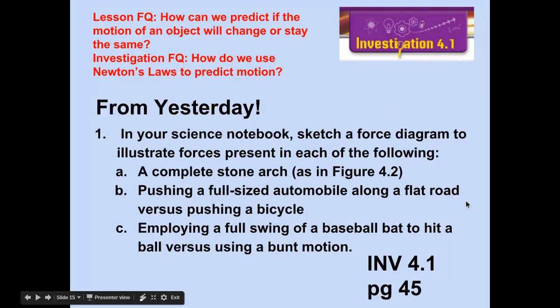From yesterday, we did this in our science notebook after the quiz. You should have completed illustrations of forces for an arch, pushing an automobile, pushing a bicycle, and a baseball bat versus a ball, which is different than a bunt motion versus a ball. So all of this should be in your notebook from yesterday.